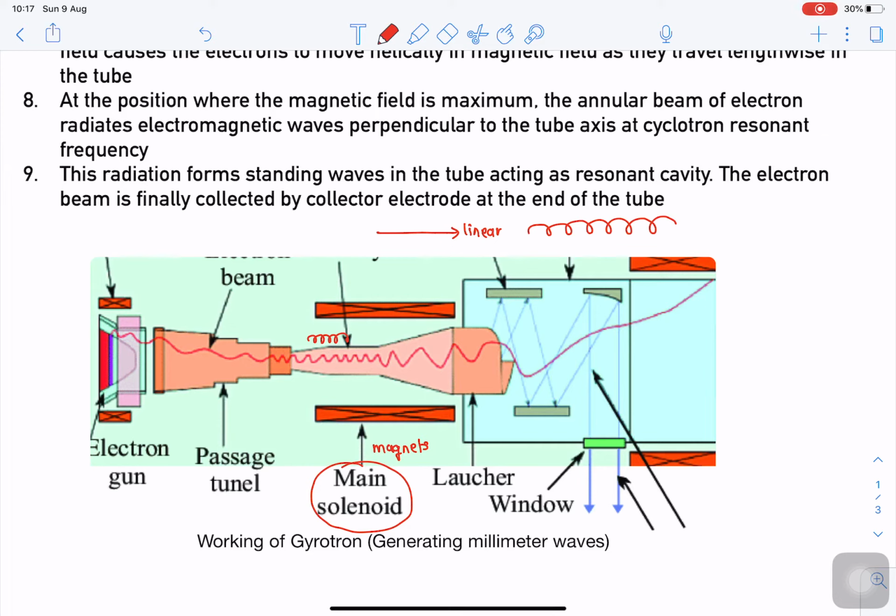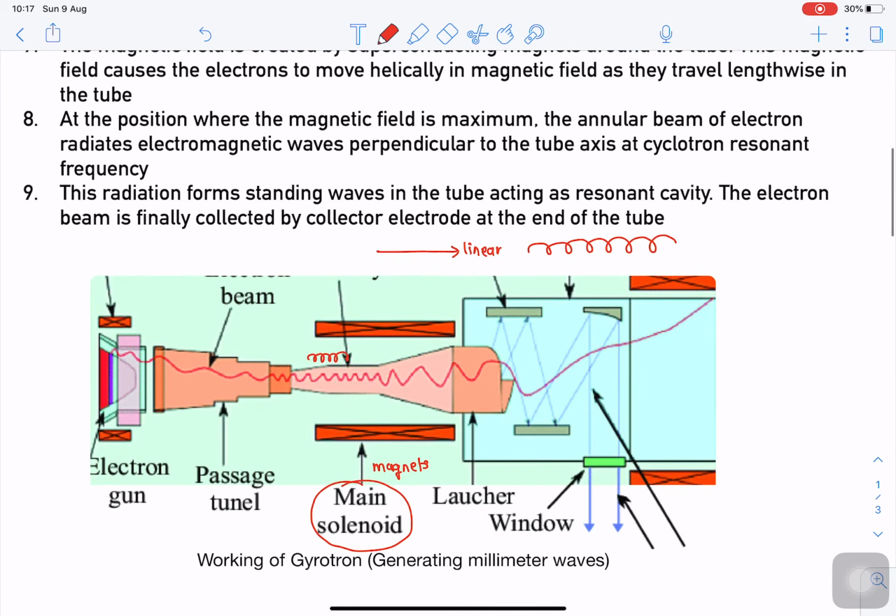The generated oscillations will be located in the millimeter wave region. Finally, this beam of electrons is collected at the collector side at the output end.